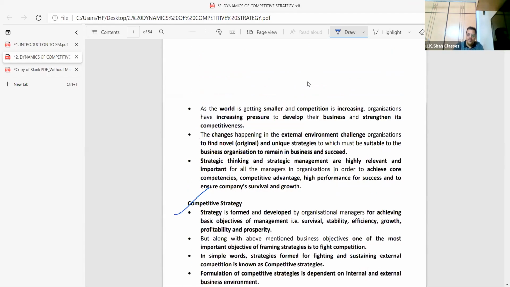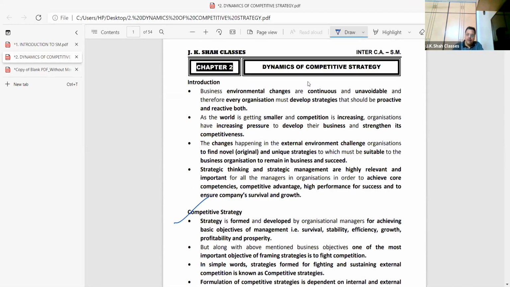The introduction part says, business environmental changes are continuous and unavoidable. I hope you agree with that, beta. One day Modi comes and says, Mitro, and does the demonetization of 500 and 1,000 rupee notes.